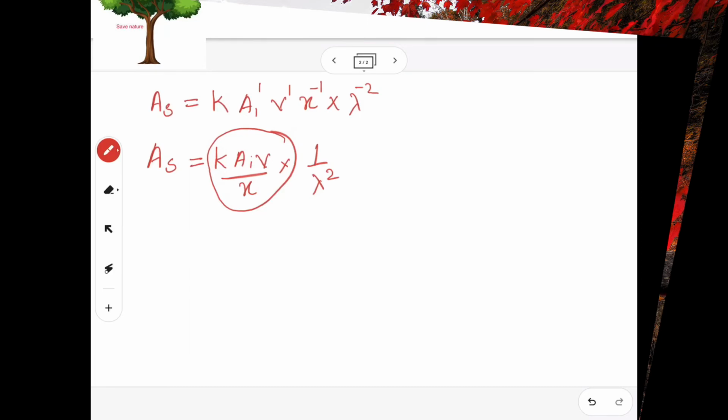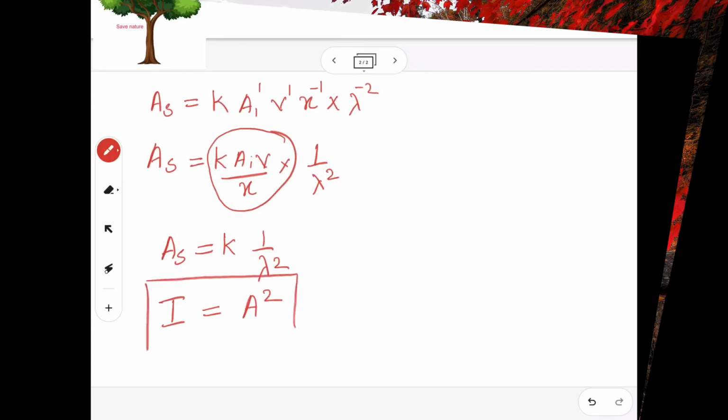So I can write AS equal to, in general, a constant into 1 by lambda square. Now, as I told you from the beginning, the intensity of a wave is always the square of the amplitude. Remember this one.